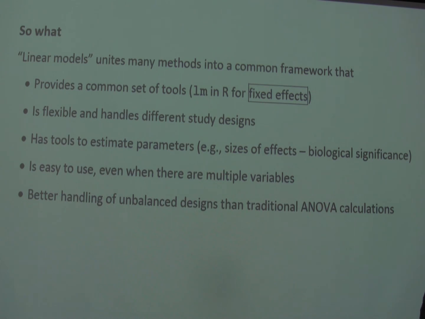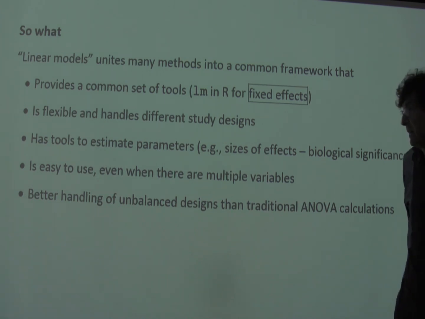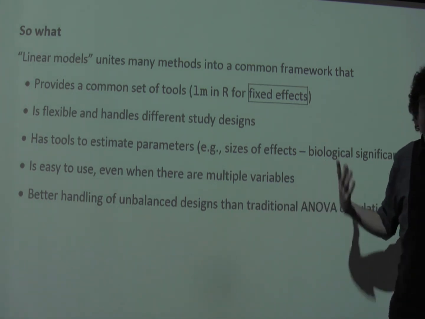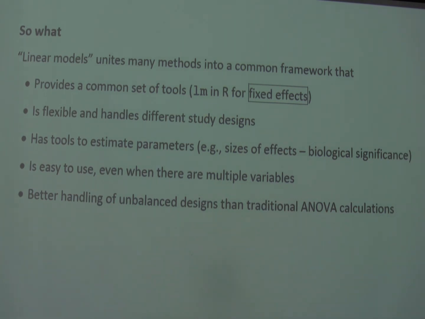And LM in R has general tools available to estimate parameters like magnitudes of effects, what I think of as biological significance rather than statistical significance, calculating confidence intervals for effects, and so on. It's easy to use even when there are multiple variables, even when there are missing data points, when your design is unbalanced.